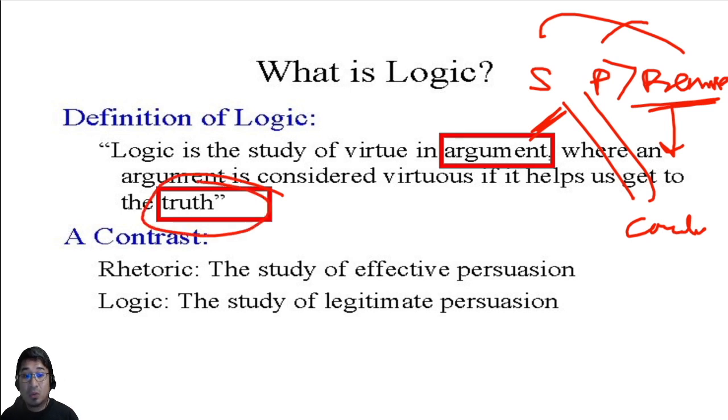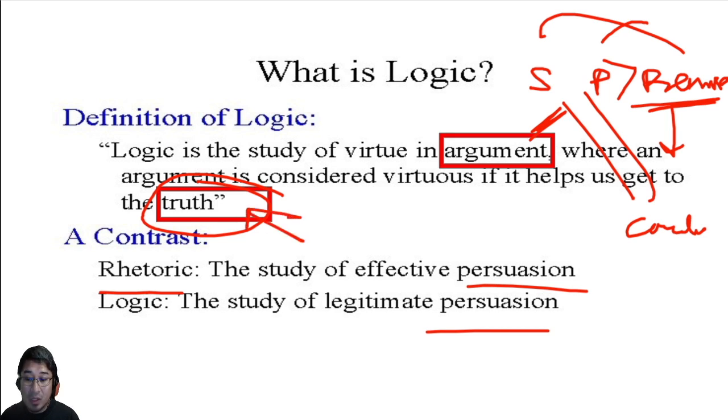So there are 2 types. We try to make arguments in order to persuade or convince the public or convince the person who we're talking with or talking to. Rhetoric, when I say rhetoric, we study the effectiveness of persuasion kahit na hindi siya embedded with the truth.